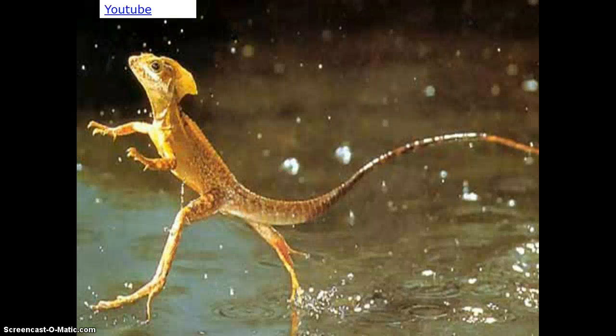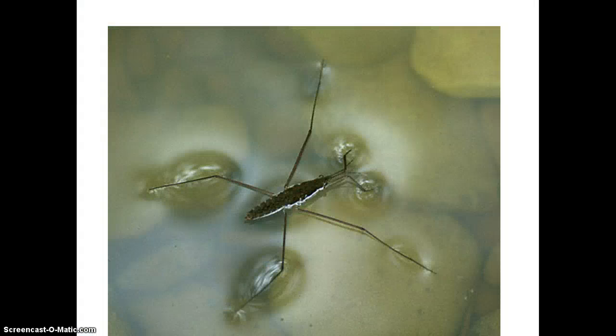Because of cohesion, we see water surface tension, and due to surface tension, we could see this bacillus can walk on water. And because of surface tension, you can see this water strider can, quote, walk on water.